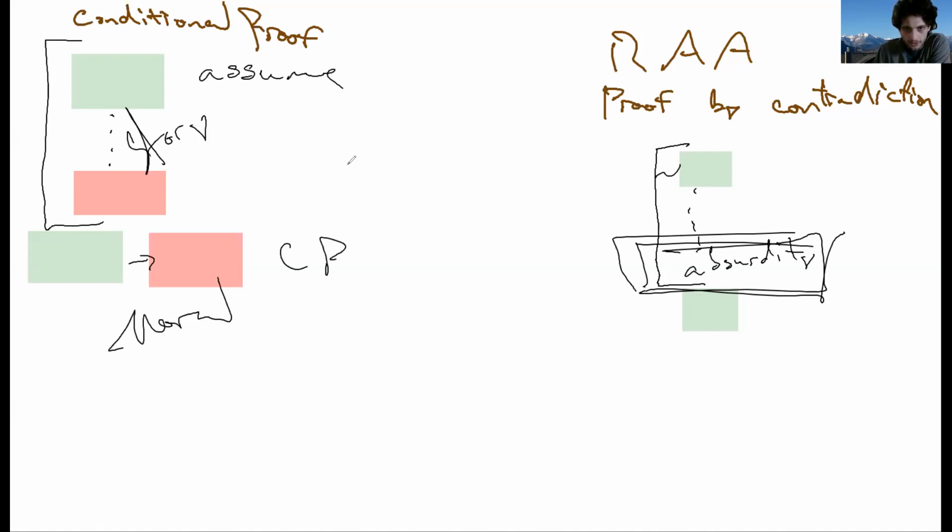So let's think quickly about the truth table of something like this. Okay, let's do the truth table for that sentence right there. Oh wait, what am I doing? I'm putting it on the wrong side.